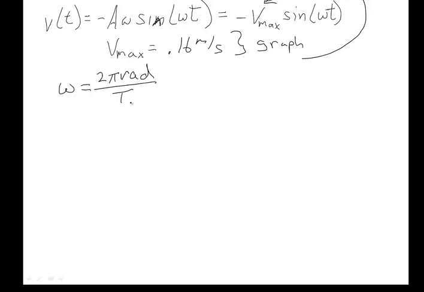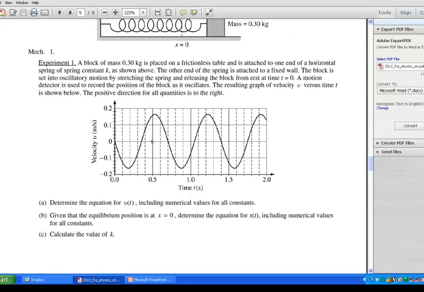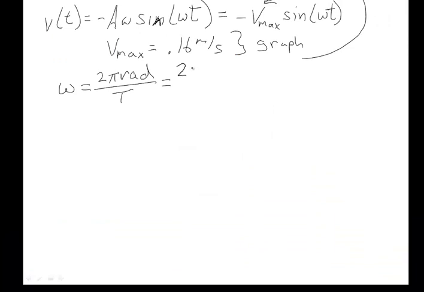Remember, make sure you measure the period as the time it takes to go from one amplitude to the other, or one crest to the next crest, or one trough to the next trough. Looking at that graph, it looks like the period is right around 0.7 seconds.